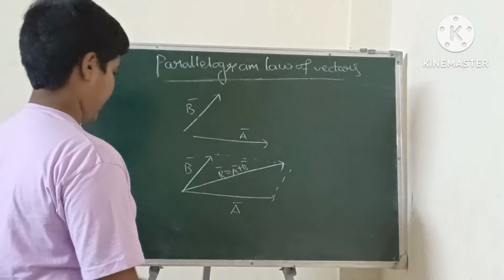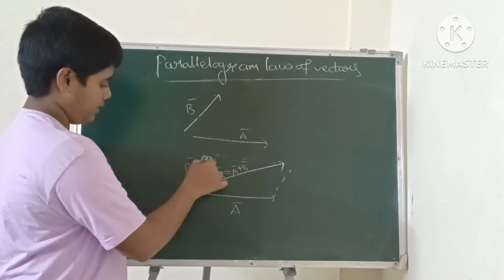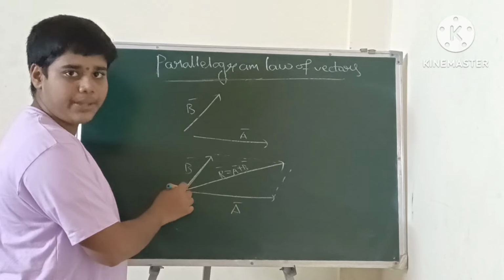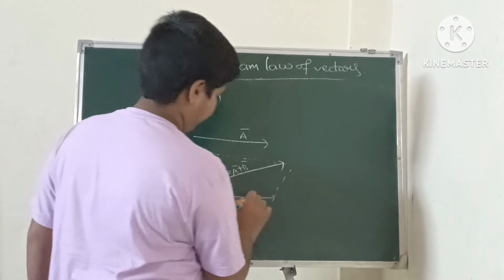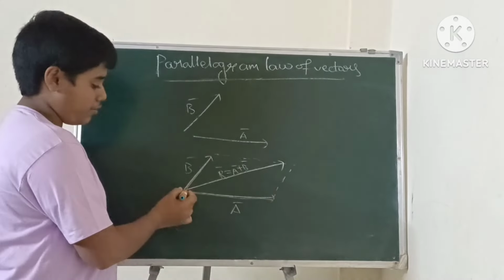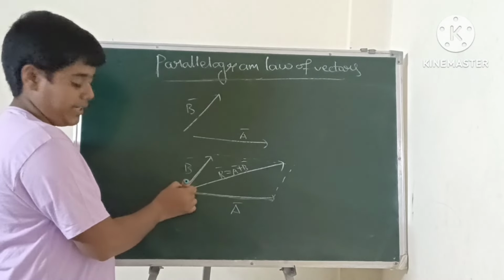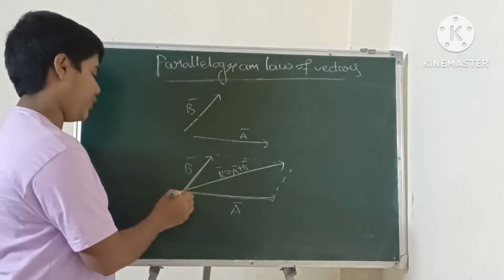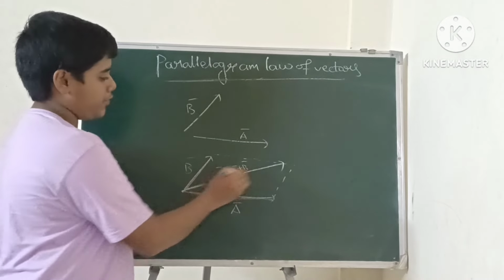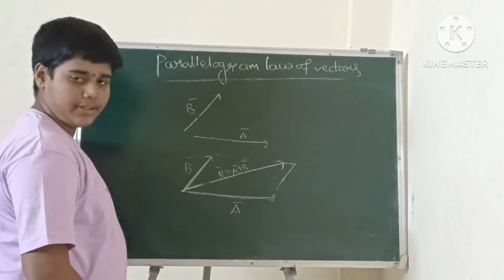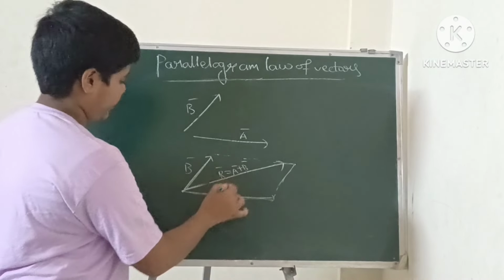Here I will explain. See, this is B bar and this is A bar. These two are joined tail to tail, so we have to draw the resultant from the tail to this point. So that is called the resultant.